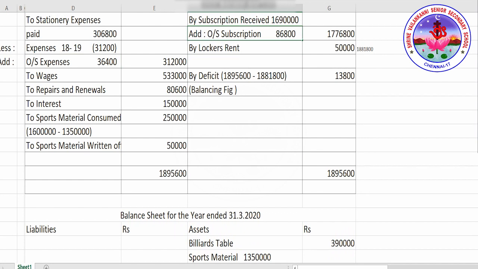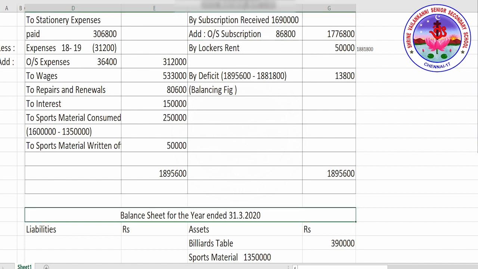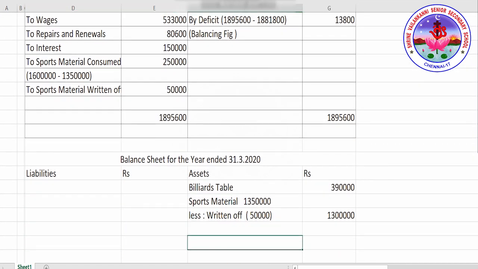I'm going to take this outstanding subscription, the amount is 86,800. It is an income, and any income which is outstanding will be shown under the asset side.